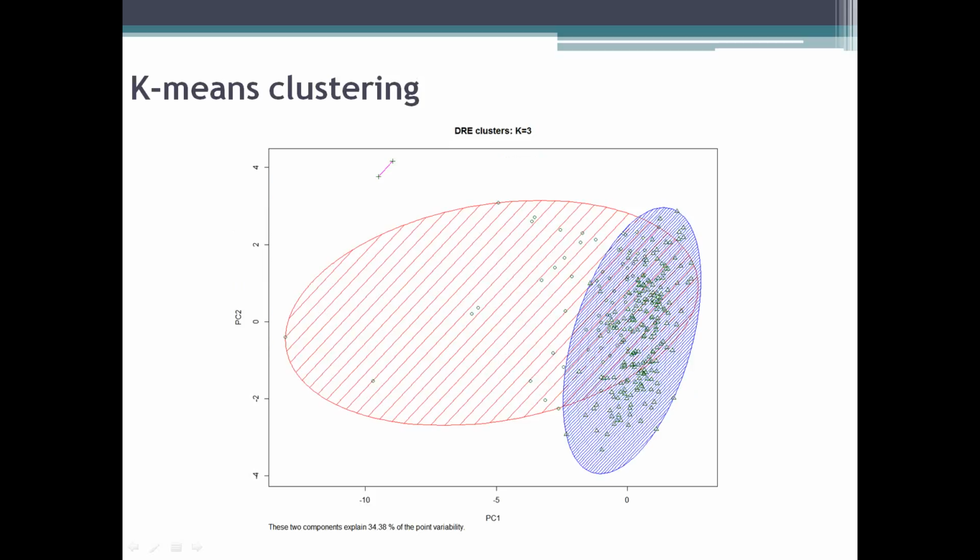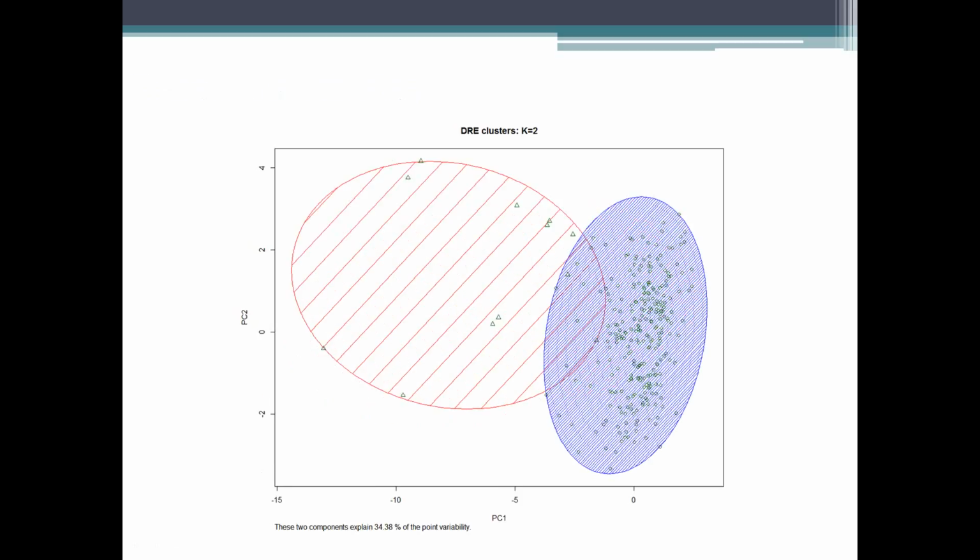Next, I took all the DRE patients and did a k-means clustering. With k-means clustering, you cannot really have a criterion to choose how many clusters you want. Here I first did k equals 3, and as you can see, one group has only 2 patients, so I decided k equals 2 would probably be better, and indeed the clustering looks a little better.